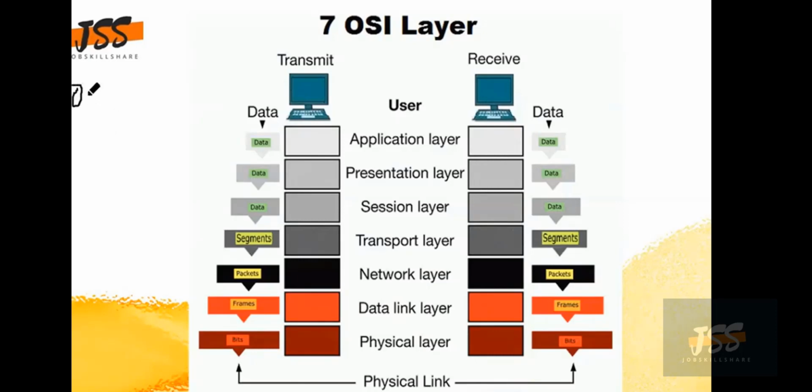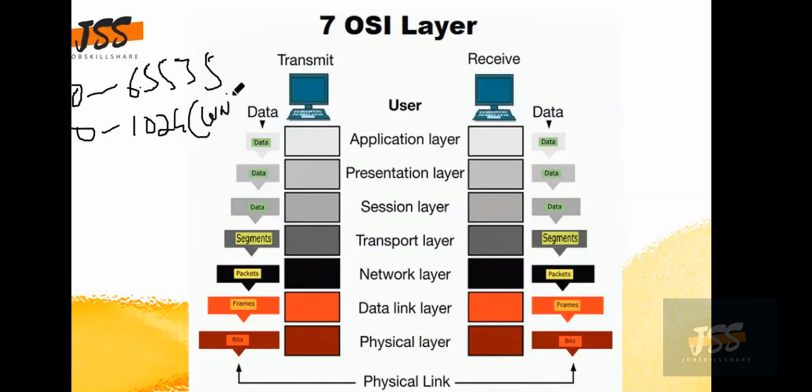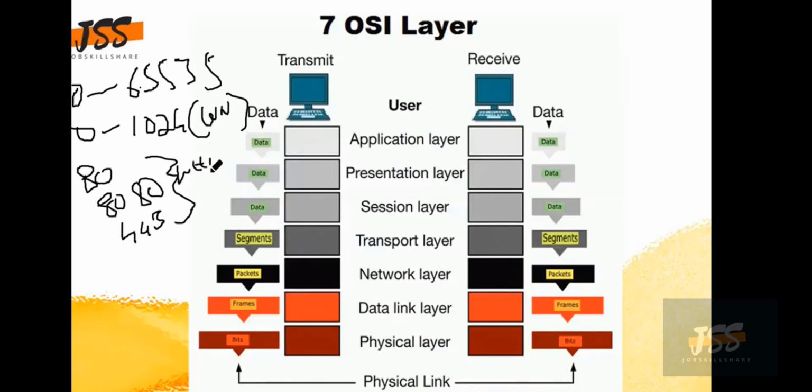Basically, we have ports from 0 to 65,535 available, of which 0 to 1,023 are the well-known ports. These are dedicated ports that are allocated, for example 80 and 443. These are allocated for HTTP and HTTPS.